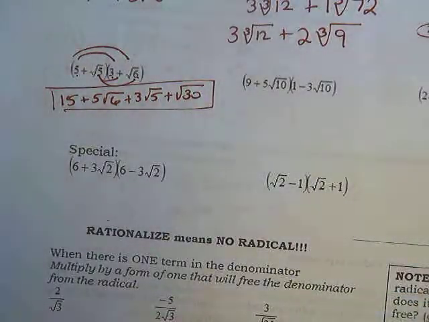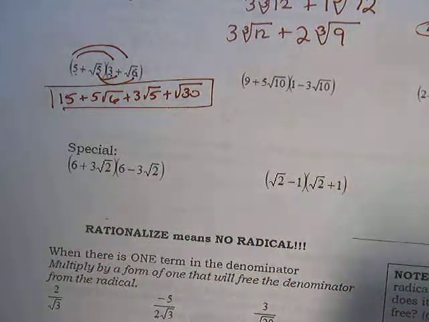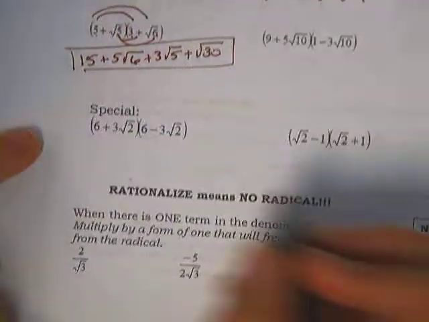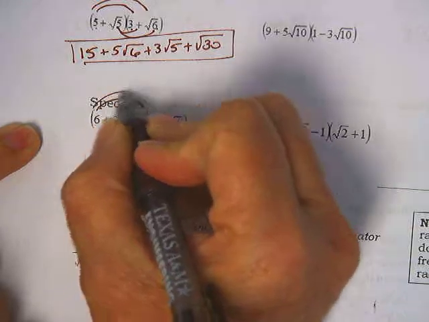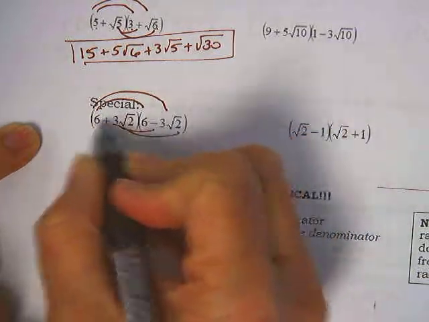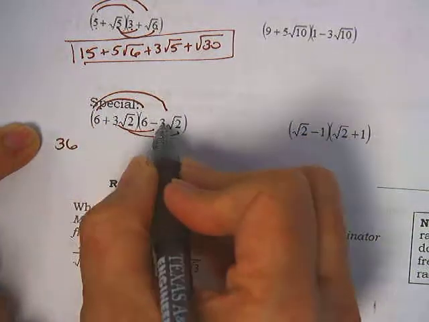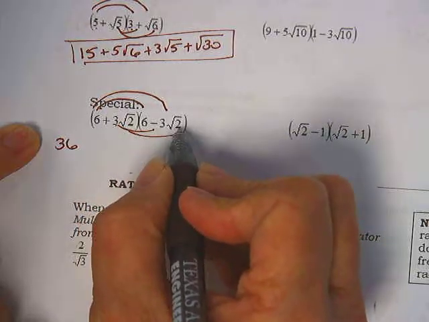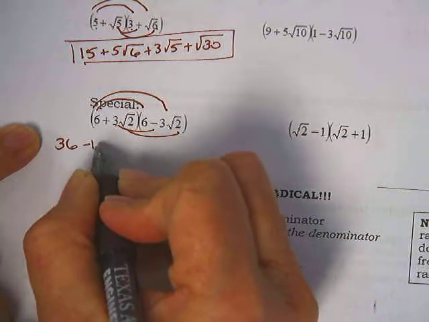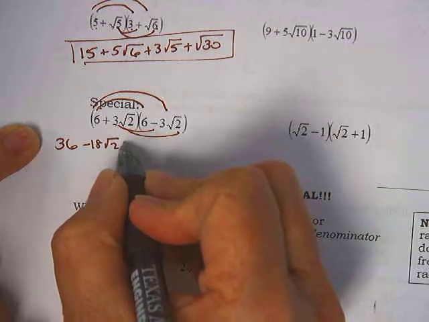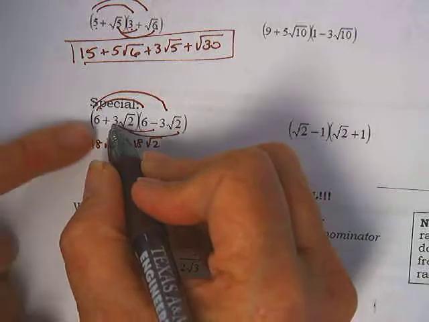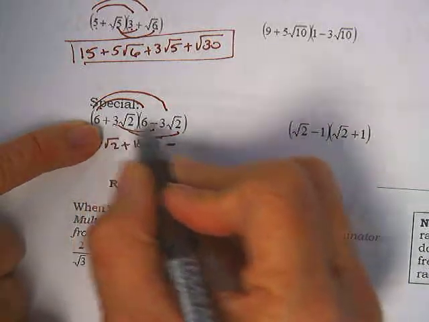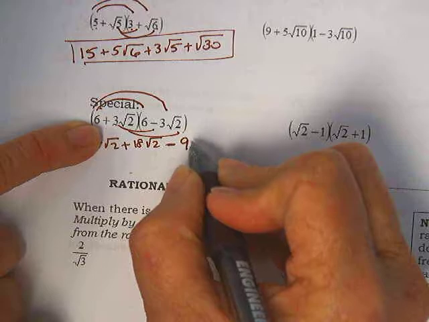Okay, and we would continue doing the same type of thing here when you're multiplying. We've got a couple of special cases here, so I want to take a look at these. So 6 times 6, 6 times this. So 6 times 6 is 36. 6 times the negative 3 times the square root of 2 is negative 18 square root of 2, plus positive 18 square root of 2, plus times a minus is a minus. 3 times 3 is 9.